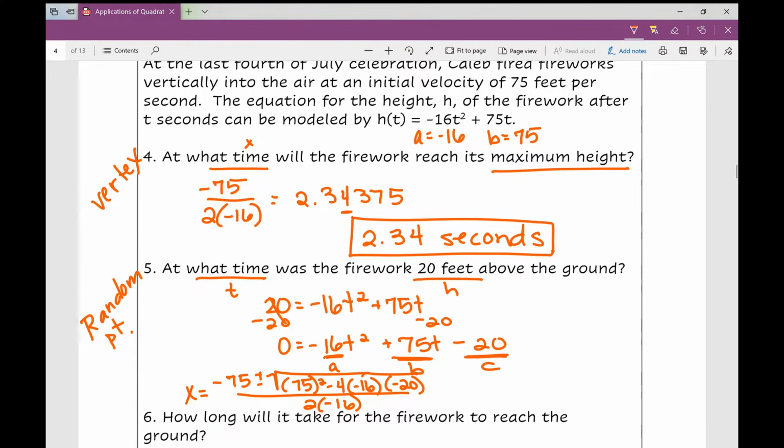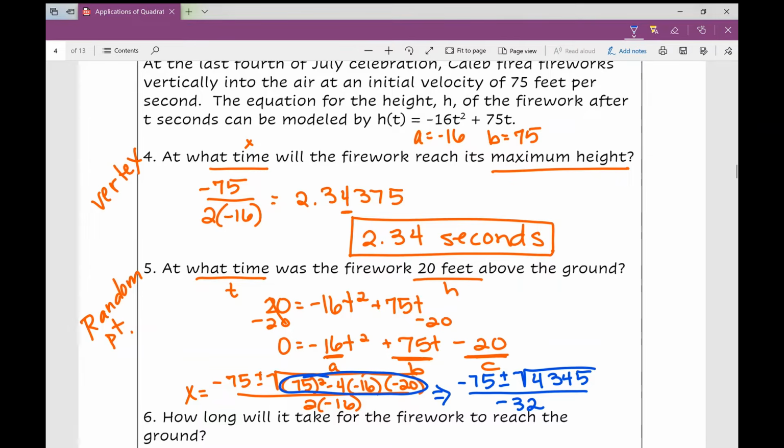I've obviously already done that, so I'm going to write that down. I end up getting negative 75 plus or minus the square root of, when I find that discriminant underneath my square root, I get 4,345 over 2 times negative 16 is negative 32.